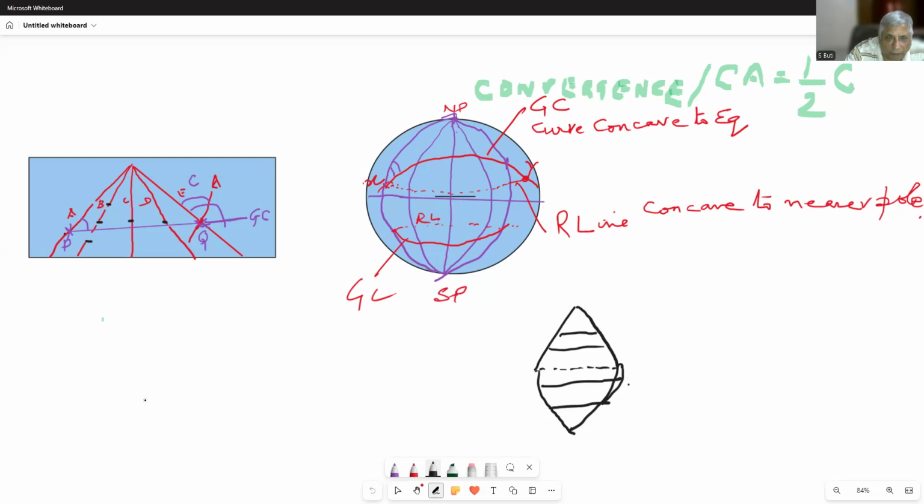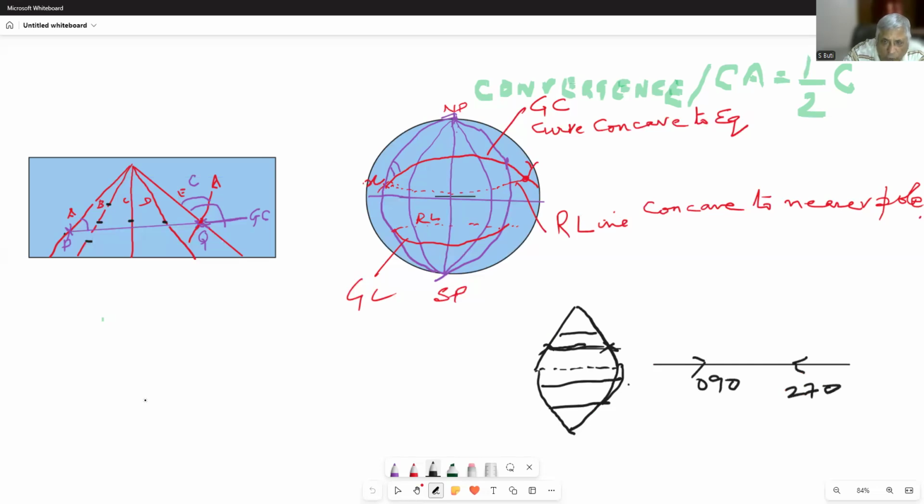If I want to fly between these places A and B, then this track, these parallels of latitude cut the meridians at 90 degrees at the same angle. So when I'm flying on a parallel of latitude, my track will be either 090 or 270.